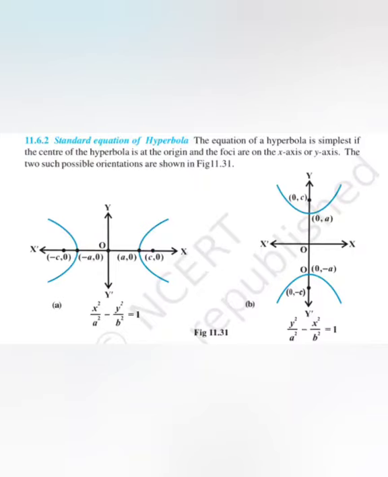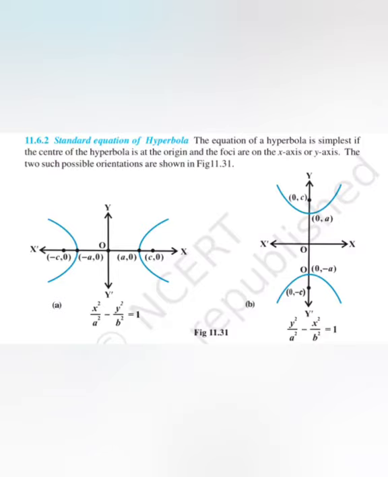Now we can write the standard equation of hyperbola. If the transverse axis is along the x-axis and the conjugate axis is along the y-axis and the center of the hyperbola is at the origin, then the equation of the hyperbola is x square by a square minus y square by b square equal to 1.